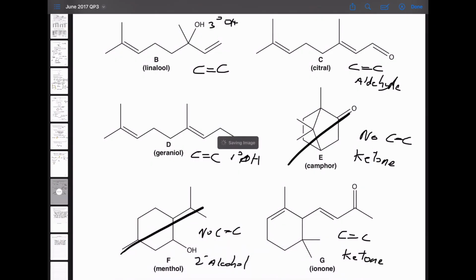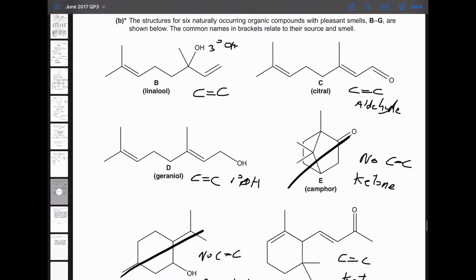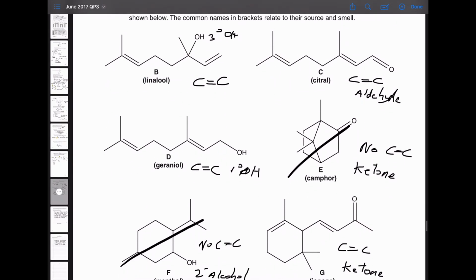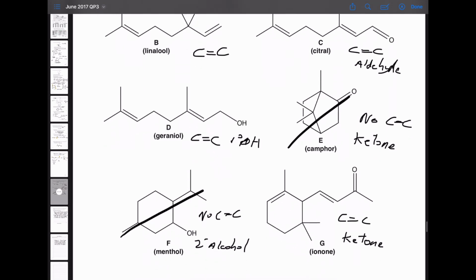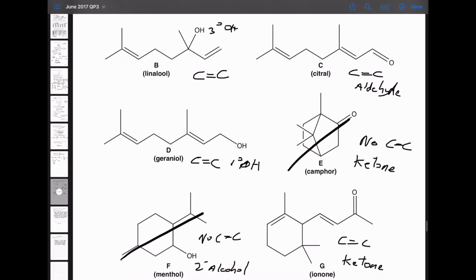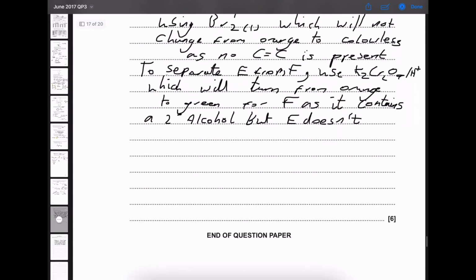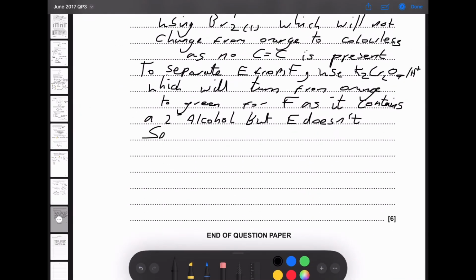What's the next biggest difference we can do? Well, we can separate the aldehydes from the alcohols. So we're going to use 2,4-DNPH, or DNP, depends what you call it, to separate C and G from B and D. So, separate C and G from the rest.